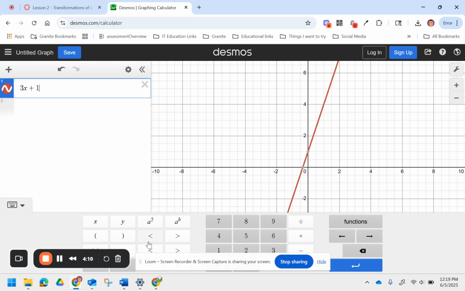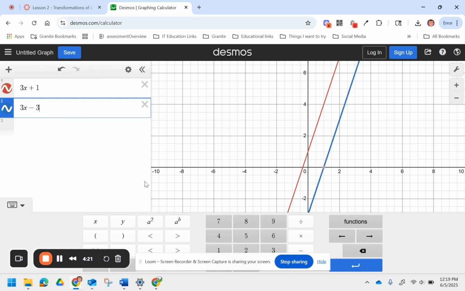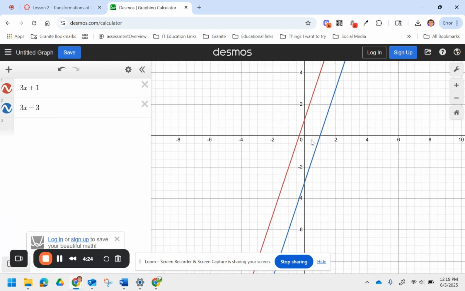Okay, so there's our 3x plus 1, and we said it was 3x minus 3. Okay, so let's see. Did we shift it down 4 places? So here was our red one. So we go down. So notice how that's at 2. So this one's at 1. So down 1, 2, 3, 4. Yeah, it's down 4 places everywhere.